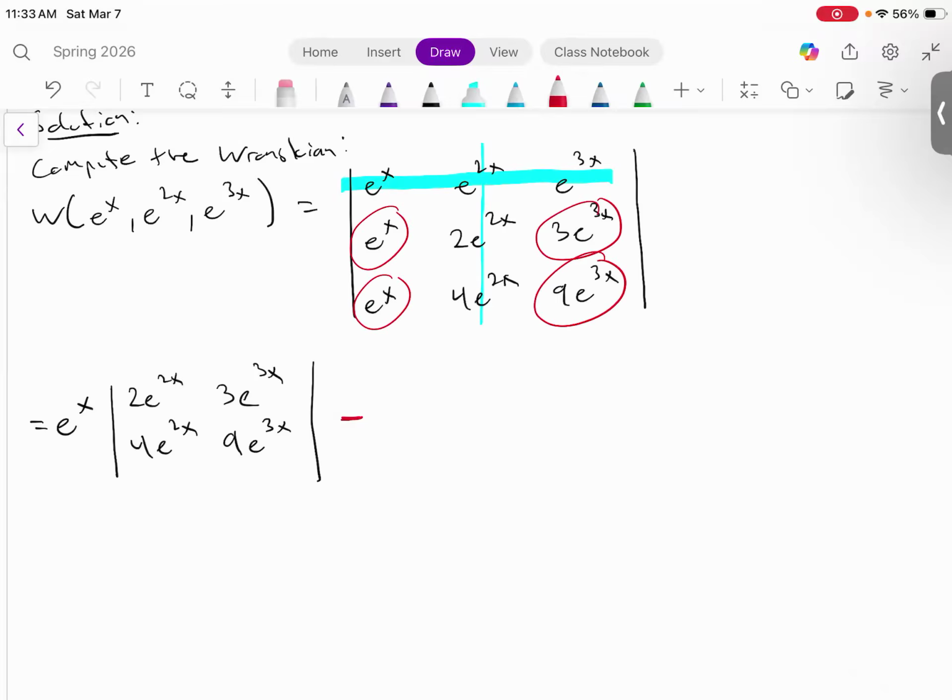Sort of cut off by the middle, but this would be our new determinant. So our second term was e to the 2x, and our new determinant would be e to the x, e to the x, 3e to the 3x, and 9e to the 3x.